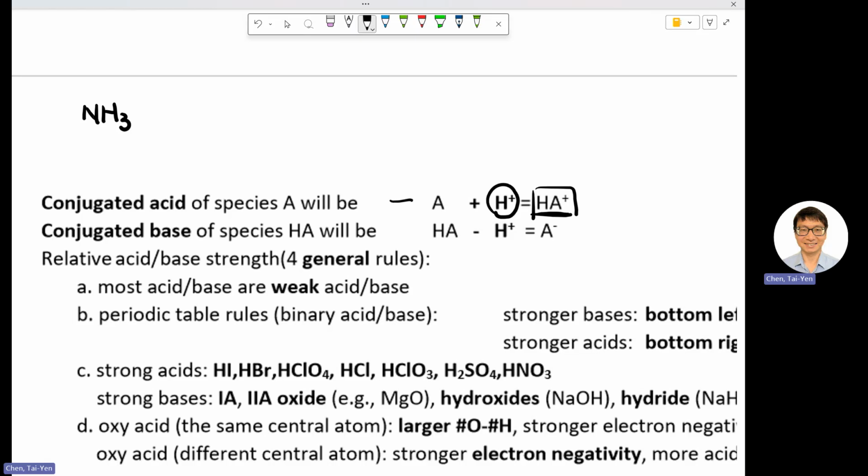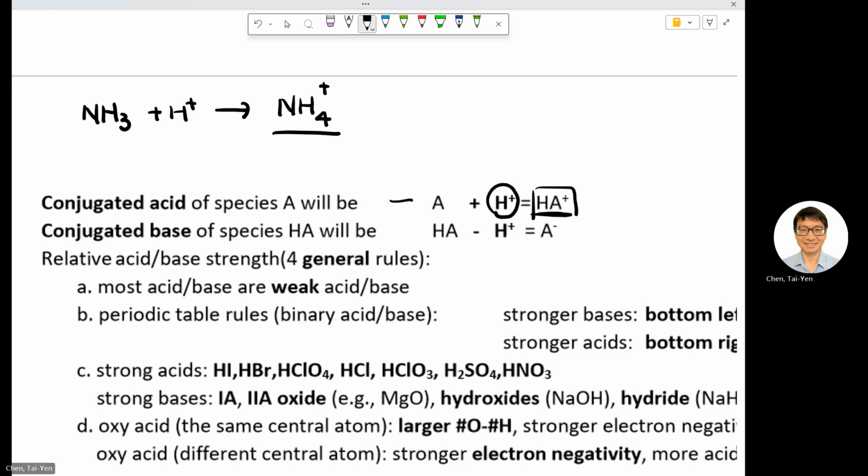You just add in H plus. Once you add in your H plus, you result in NH4 plus. Then we call NH4 plus the conjugate acid of NH3.